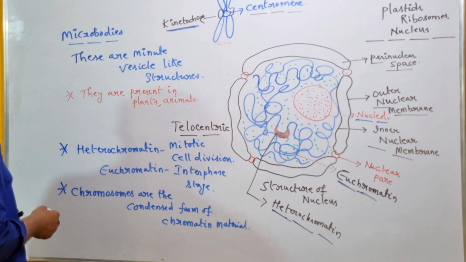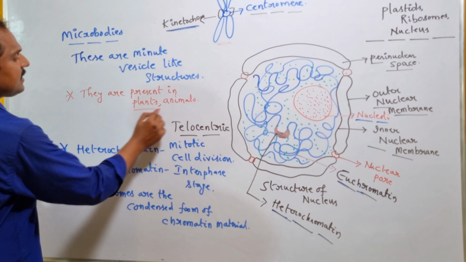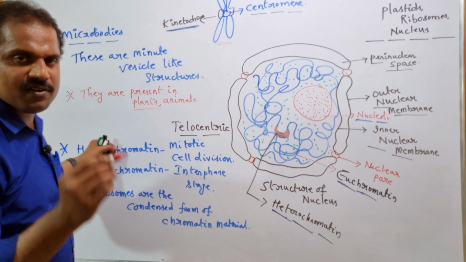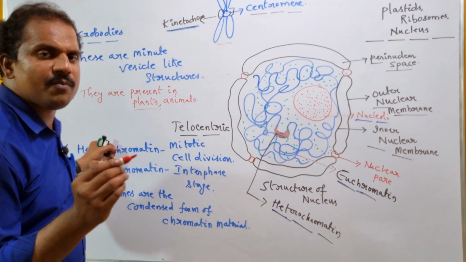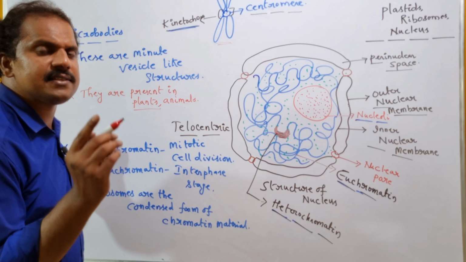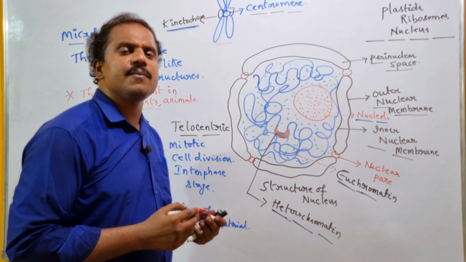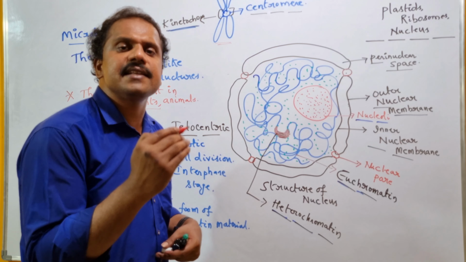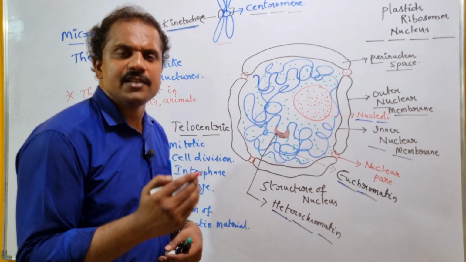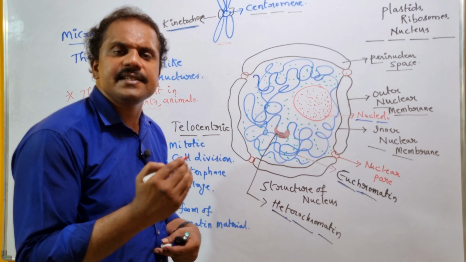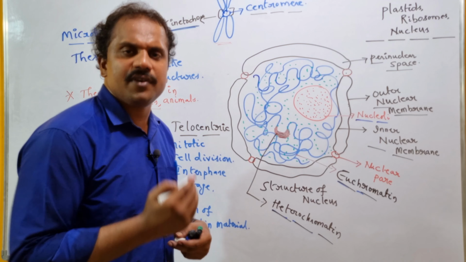The specific microbody which is present in plants is termed as what? Glyoxysome. And the specific microbody which is present in animal cells is termed as what? Peroxisomes. Both the glyoxysome and the peroxisome have their own enzymes. Is it clear? So this is regarding plastids, ribosomes and the nucleus in detail.